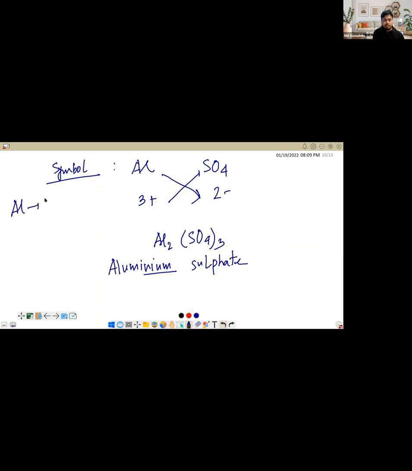Aluminium has a valency of 3 and oxygen has a valency of 2. So what do we write? Al2O3. Someone could also write O2 minus and Al3 plus. Doesn't matter, because when you are writing a formula, you should not write the charges over there.